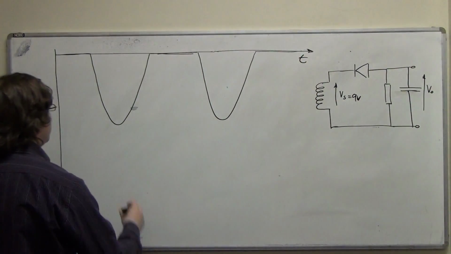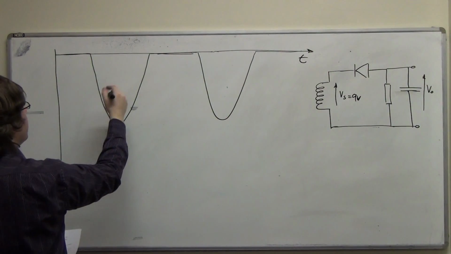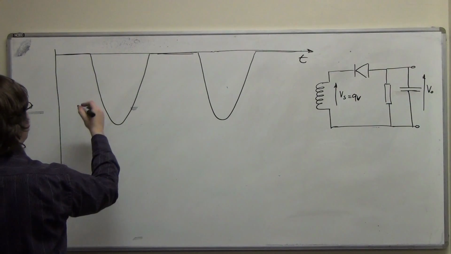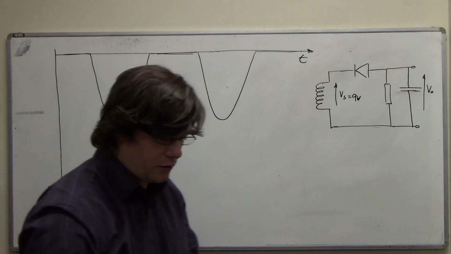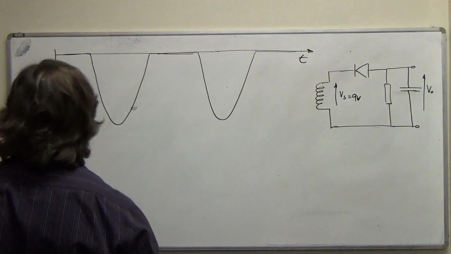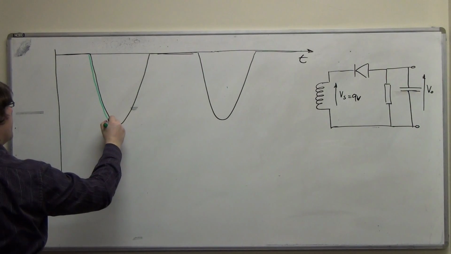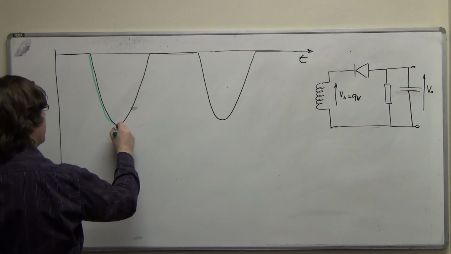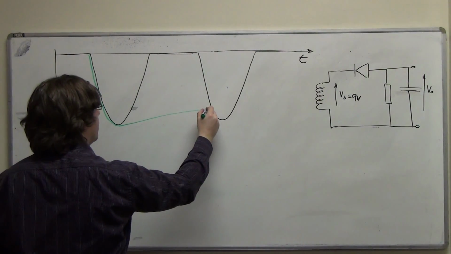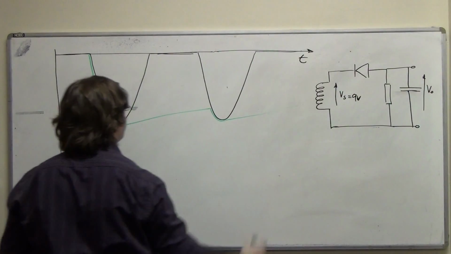So output voltage, well, it's going to be capacitors. If this was the first ever cycle, let's assume it's not, but if it was, you get a voltage output that looks a bit like it would lay on top of the black line, and then like that, and so on.